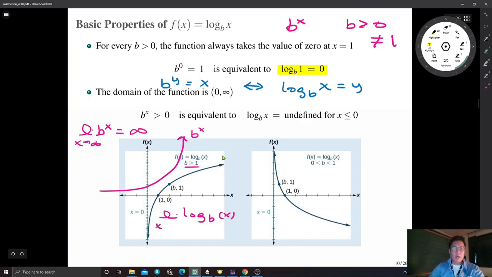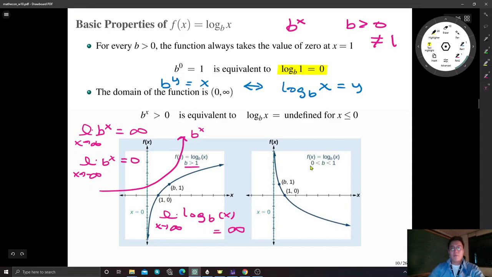Similarly, if we take the limit as x goes to infinity of log with base b of x, when base b is larger than 1, this is equal to infinity. When x goes to negative infinity in the exponential, we know the value is 0. So interchanging x and y, when x approaches 0 in the logarithm, the function goes to negative infinity.